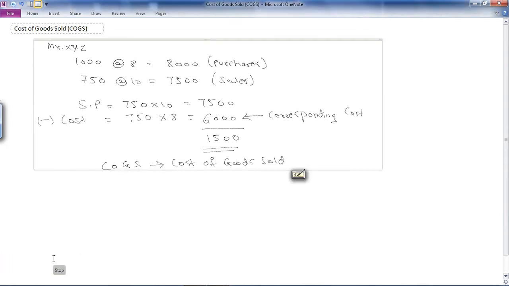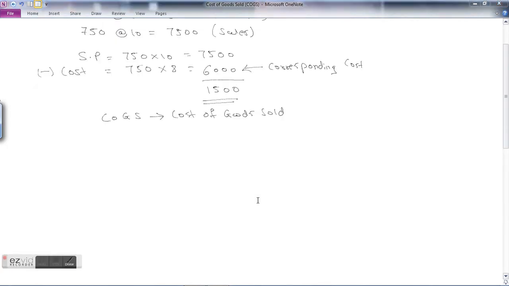Now, the above example was a simple one wherein only one good was purchased, that is chocolate, and has been sold. But practically, when you say stock, there may be 1,000 or 1 lakh types of items in the stock.